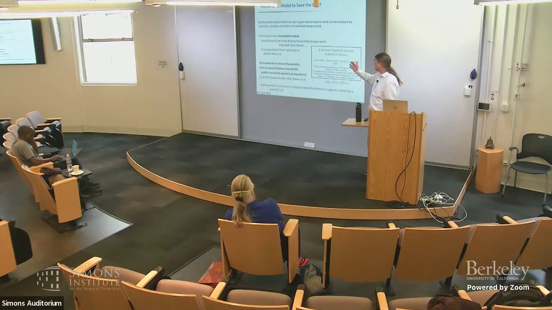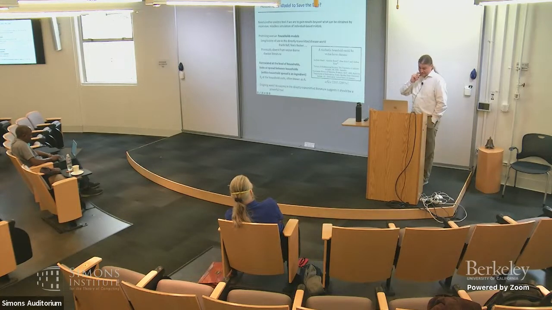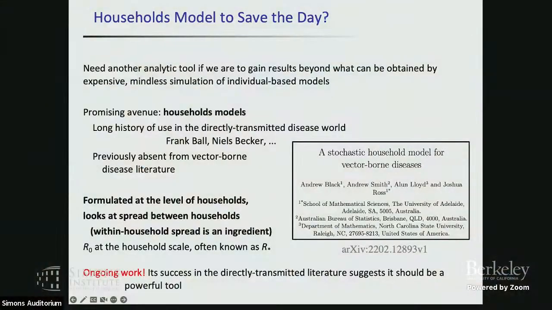But these models had never before existed in the vector-borne disease literature. And so some collaborators of mine in Australia, Josh Ross, Andrew Black, came up or extended these households models to mosquito-borne diseases.